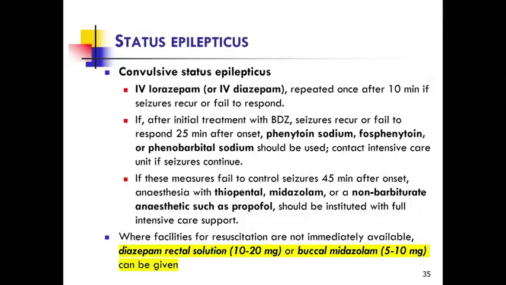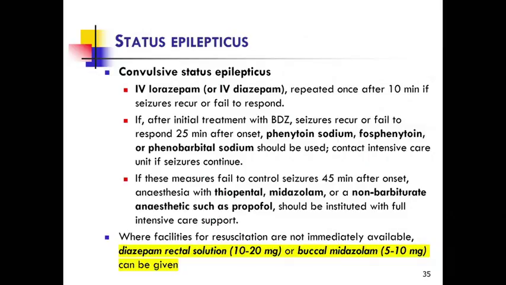So this protocol is here, you find it in the BNF. It hasn't really changed much, except that previously it was diazepam that was preferred. Now it is lorazepam. So as soon as a patient appears at the emergency with a prolonged seizure, immediately you give IV lorazepam.